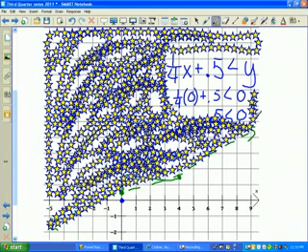Everything away from that (0, 0) is going to be shaded because it came up as a false statement.